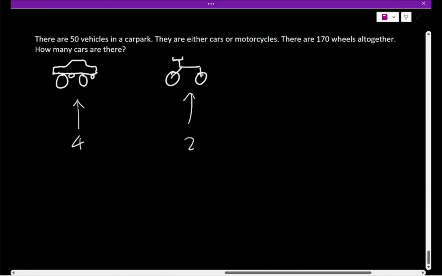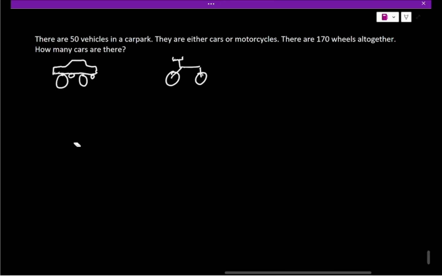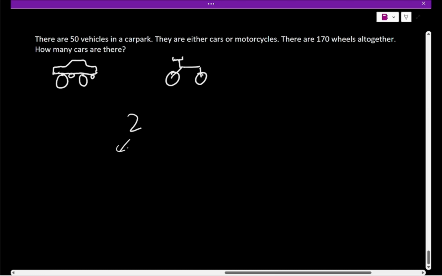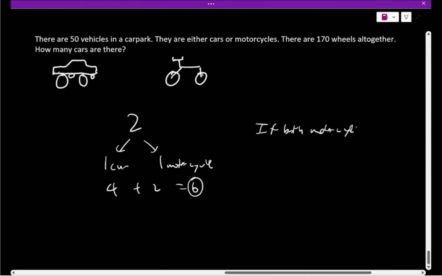Pretty straightforward. So let's say that we have 2 vehicles and it comprises of 1 car and 1 motorcycle. There are altogether 4 plus 2, which is 6 wheels. But if they were both motorcycles, you'll realize that they will just have 2 times 2, which is equal to 4.